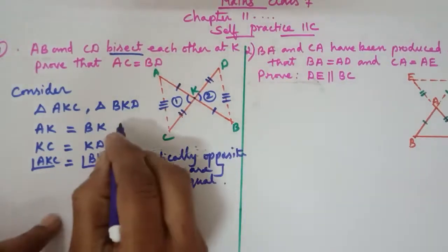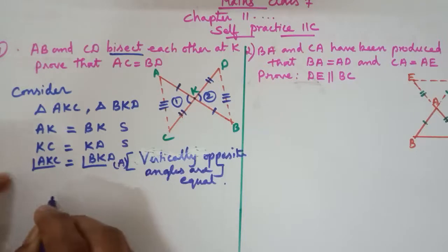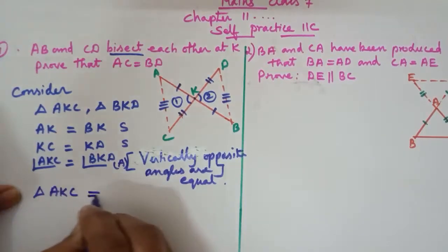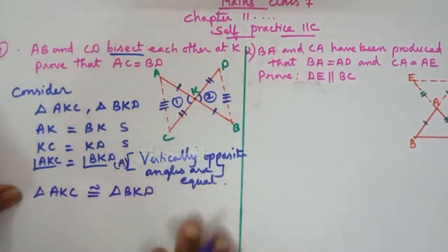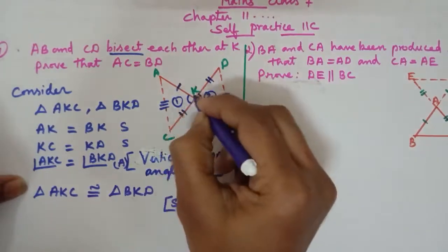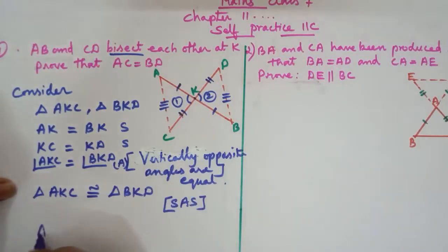Vertically opposite angles are equal. So here this is side, this is side, this is angle. So we can say triangle AKC is congruent to triangle BKD. By using which rule? SAS, side angle side. SAS congruence rule. Is it clear? So now we can say AC equal to BD.